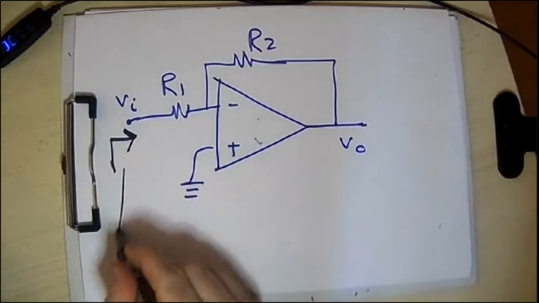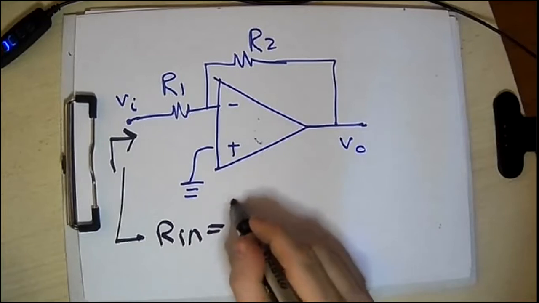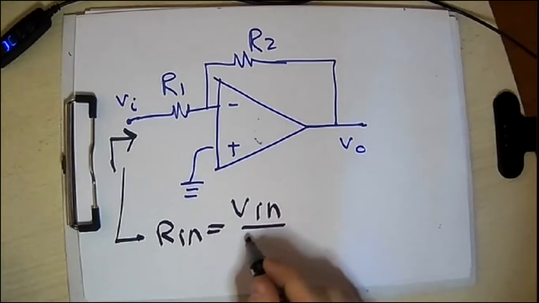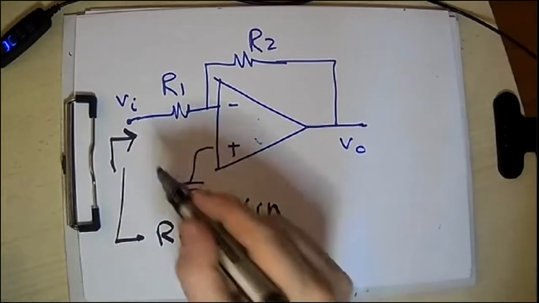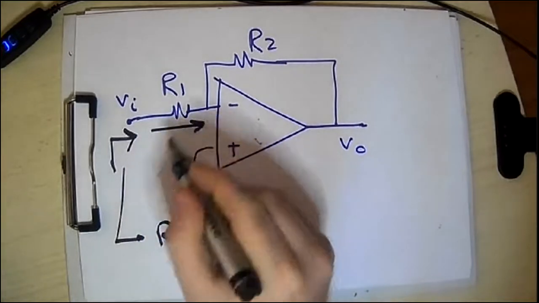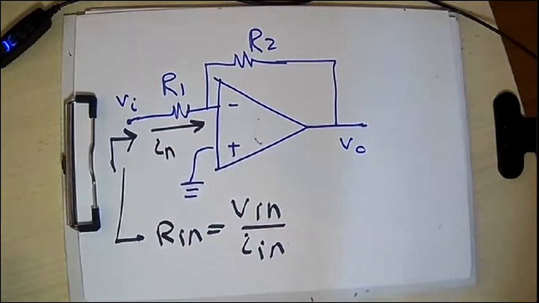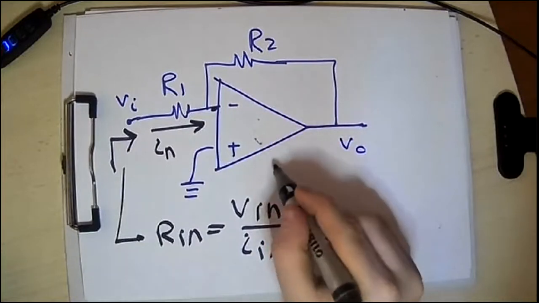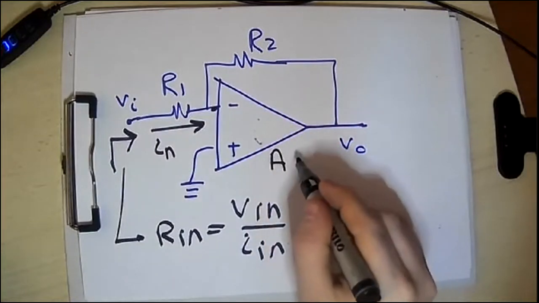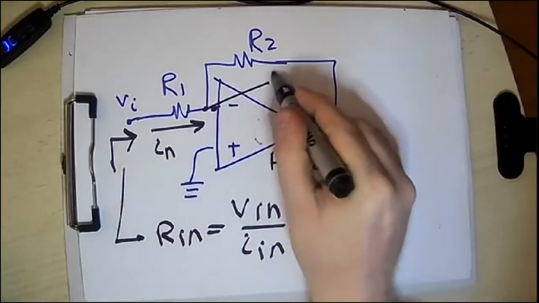As you know, Rin, the input resistance, is basically equal to Vin over Iin. Vin is the input source. What about Iin, the current? We have this current, which is the current flowing from the source. Now, again, we know that this point is ground, and I'm assuming an infinite open loop gain, so this point is a virtual ground.